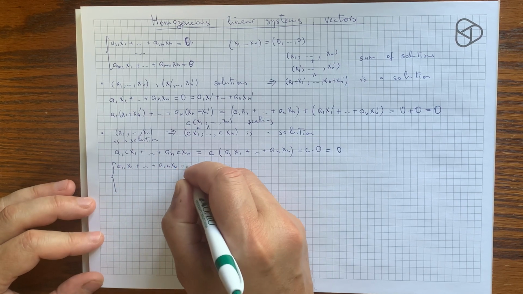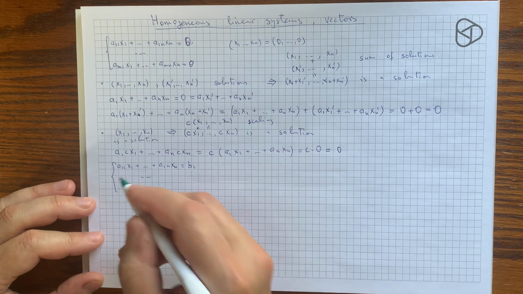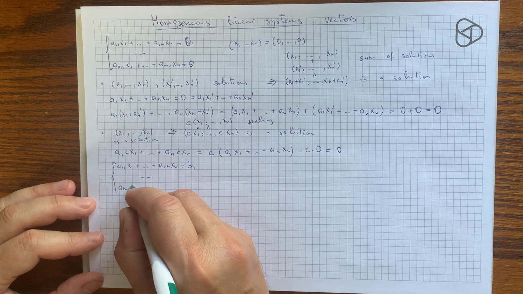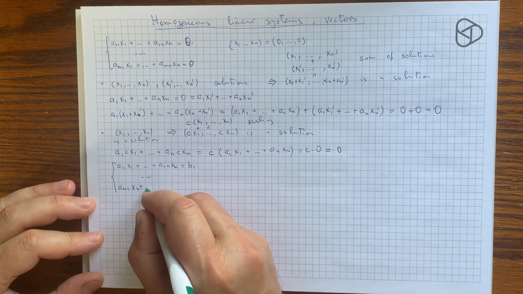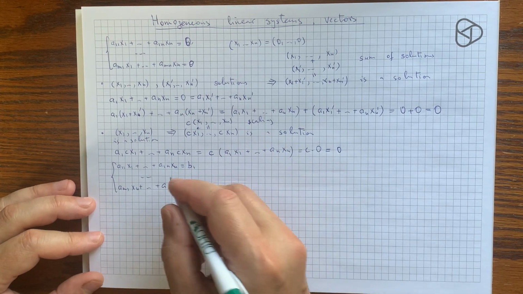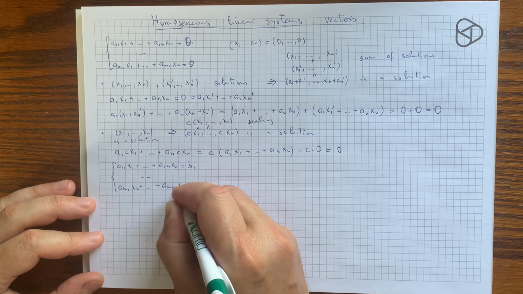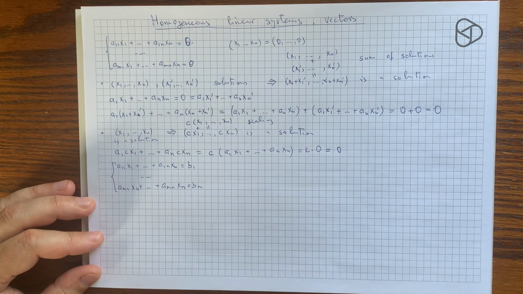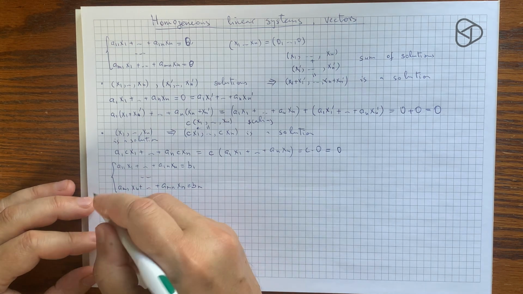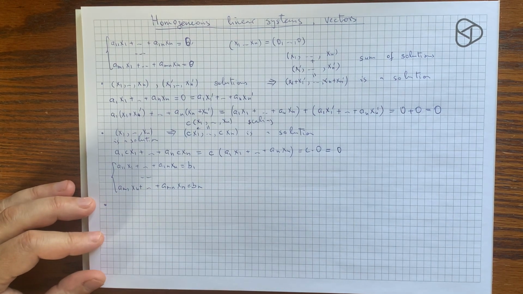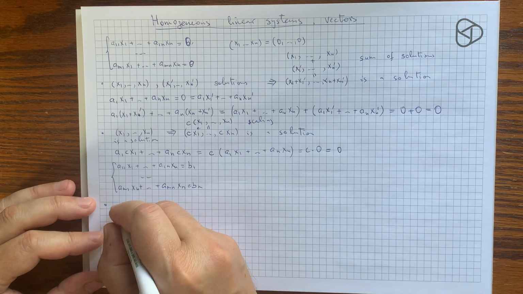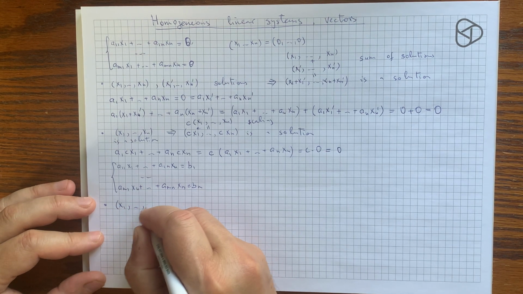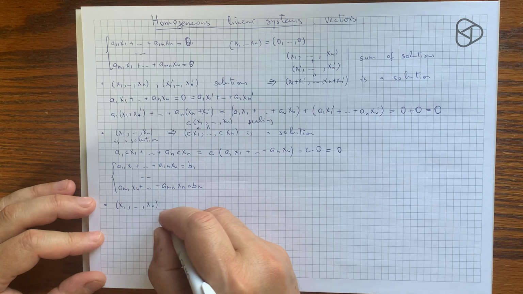Now let's look at the situation where we have something on the right in a linear system, in the non-homogeneous case. The same generic template, we have n unknowns, m equations on them. It is no longer true that sums of solutions will be solutions, but there's still something we can say about solutions of the general case. In a general case, again, assume that we have two vectors solving the system.